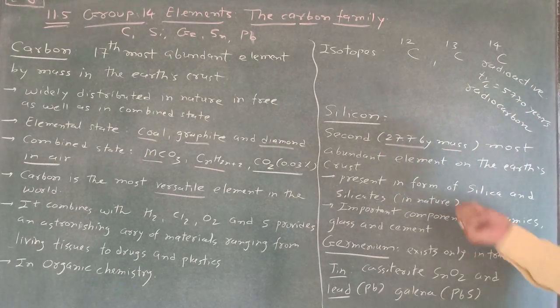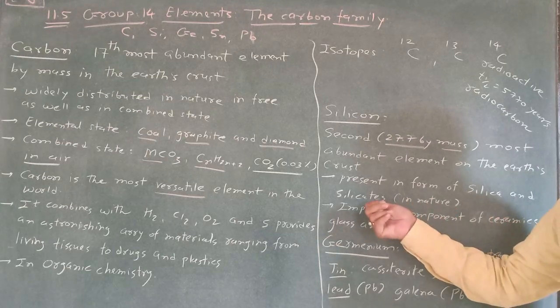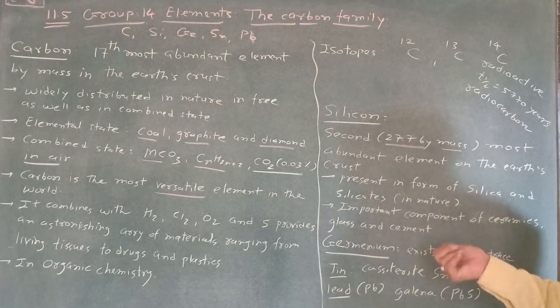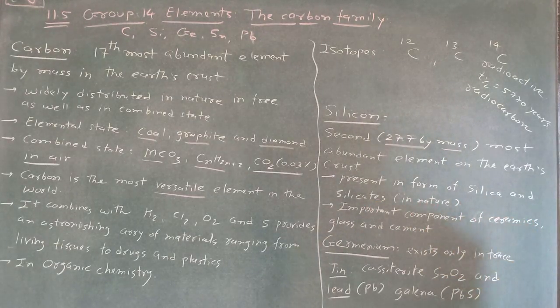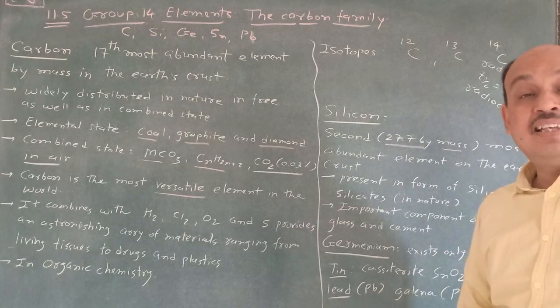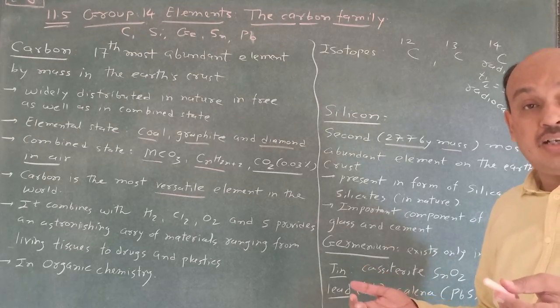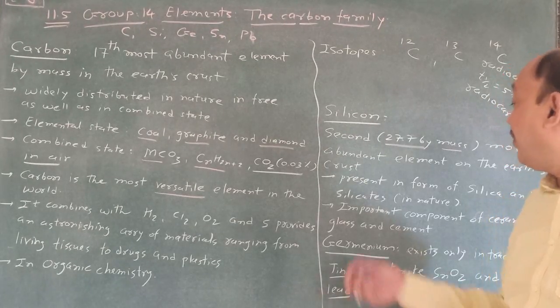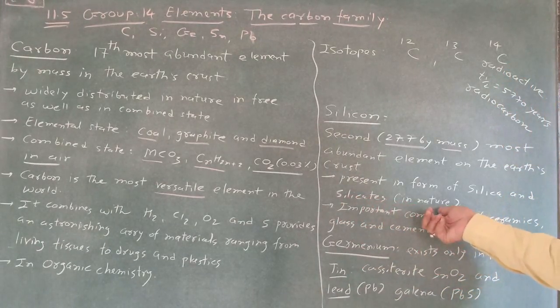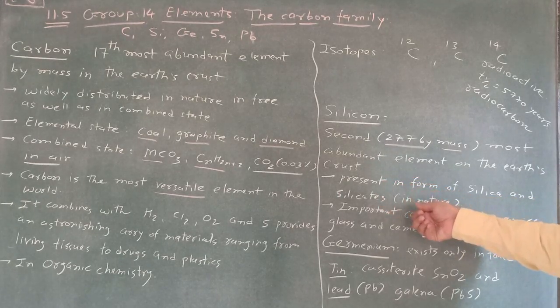It is present in nature in the form of silica and silicates. Silica means sand. Silicates are different types of materials prepared from silicon dioxide, SiO2.